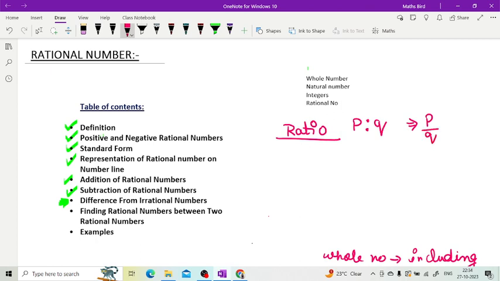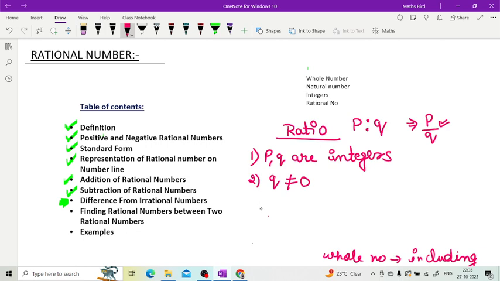So we can say any number that can be written in the form p upon q, where p and q are integers, and q is not equal to 0, is called a rational number.